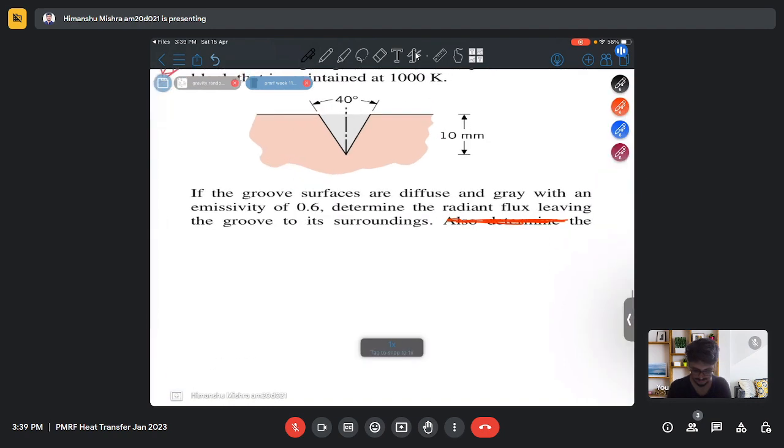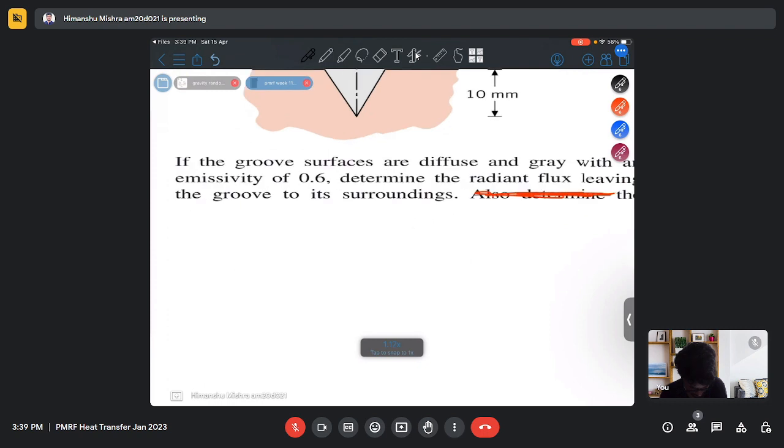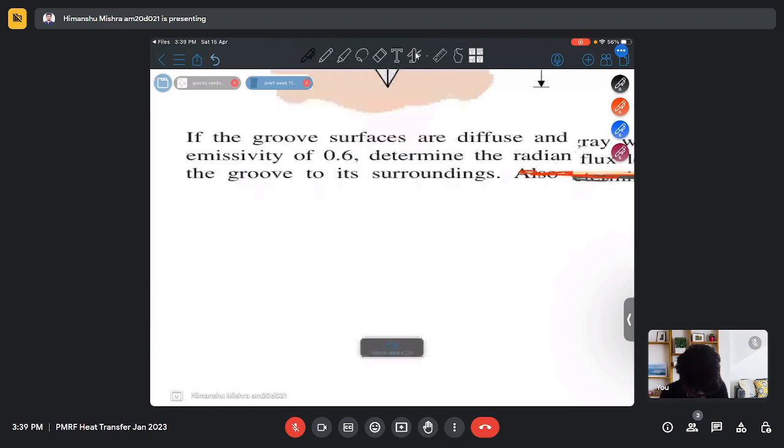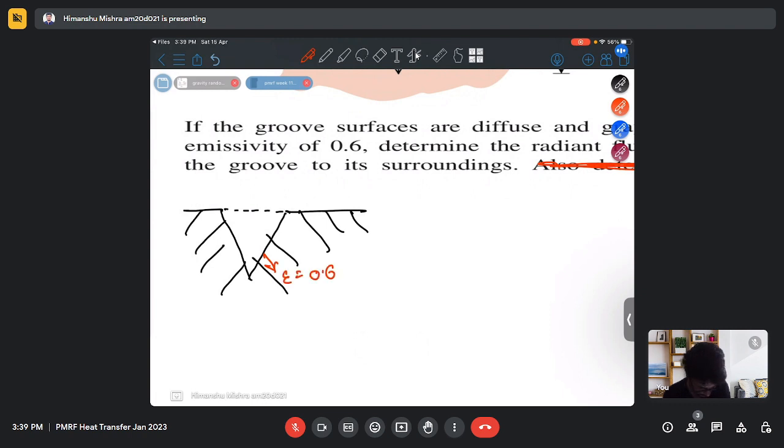So again it's a similar question. We have a groove and the emissivity of the wall is 0.6.